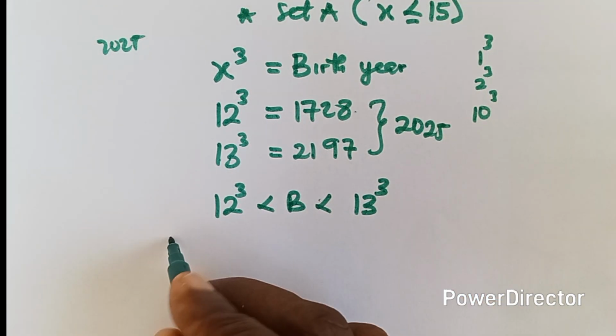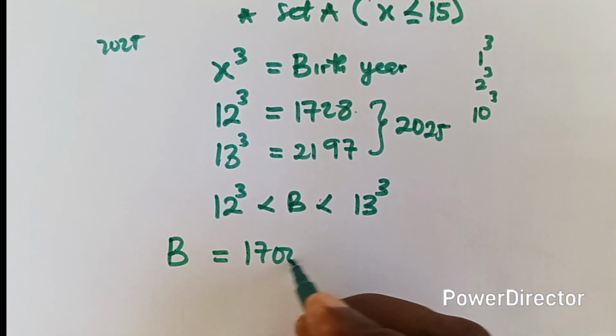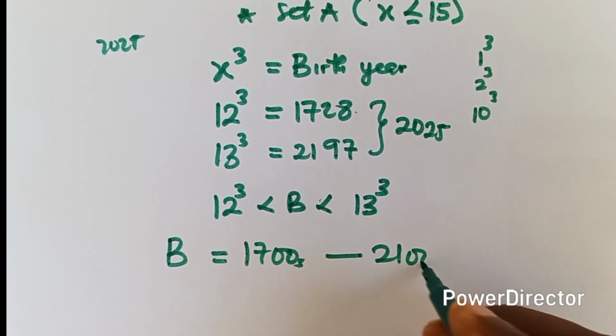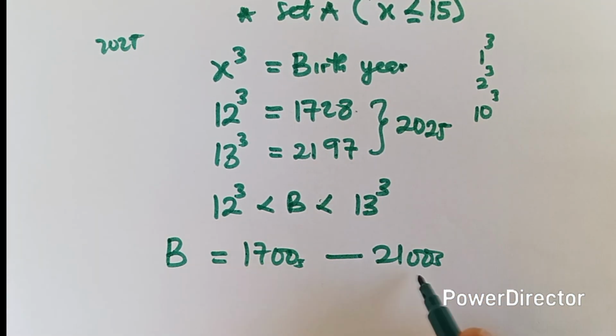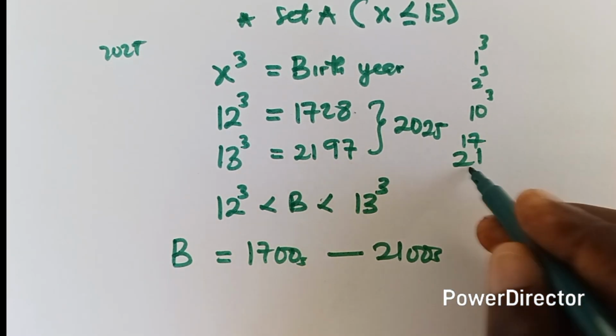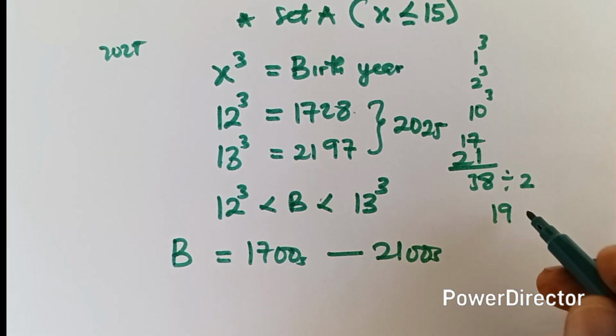We can equally say that my birth year is between 1700 and 2100. I can take the average of these two: 21 plus 17 gives 38, and if you divide that by 2, we have 19.